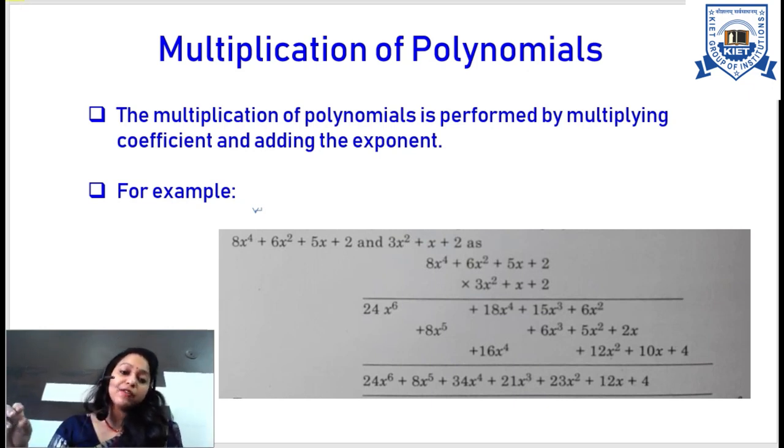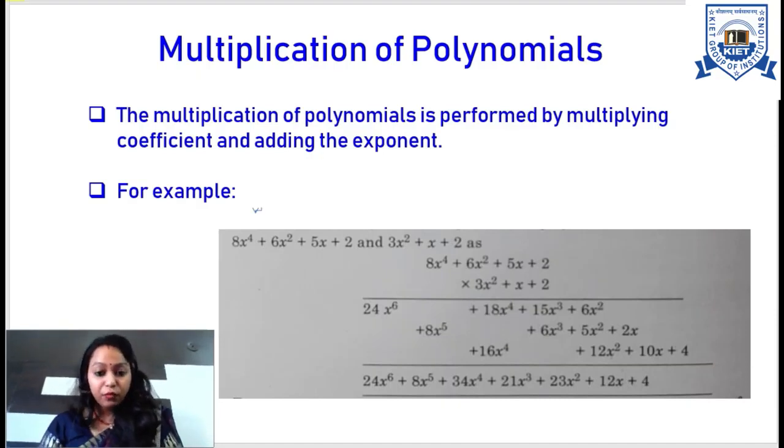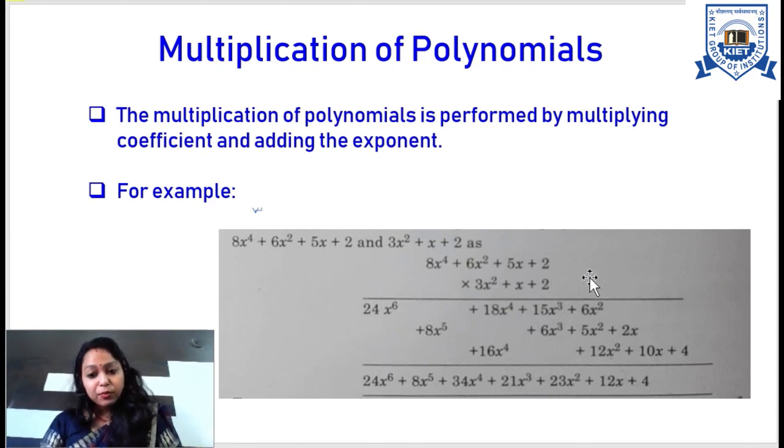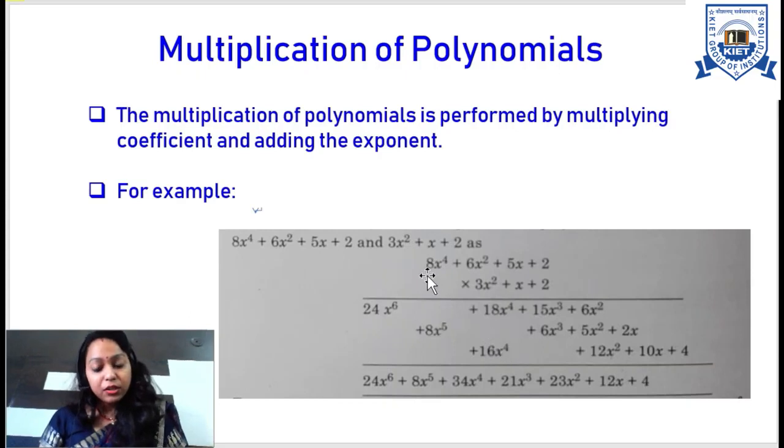We were just comparing the value of the exponent, and on the basis of the exponent value, we were adding the coefficients, or copying the value of the coefficient to the resultant polynomial. But in the multiplication of polynomials, we will be multiplying the coefficient terms of both polynomial equations and adding the exponent values.